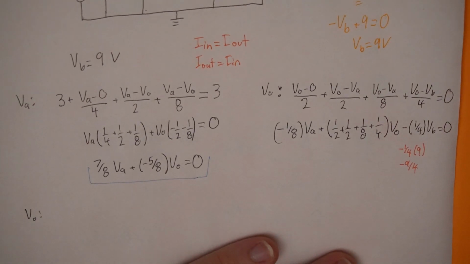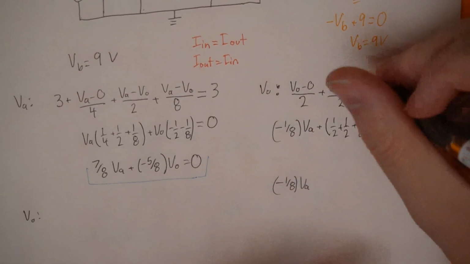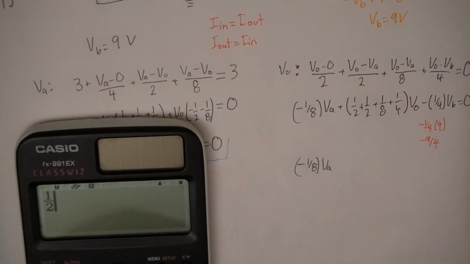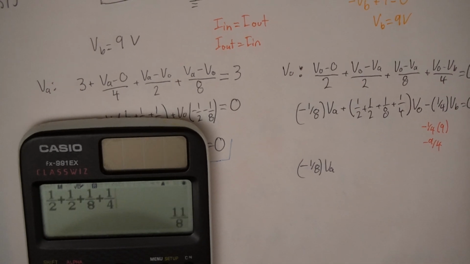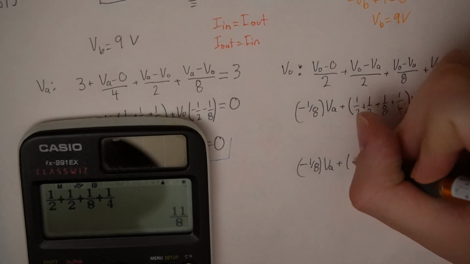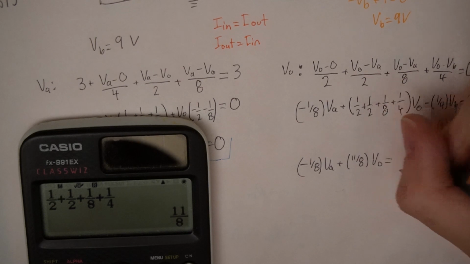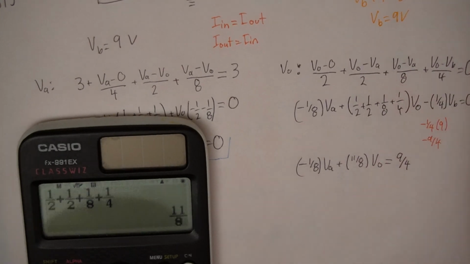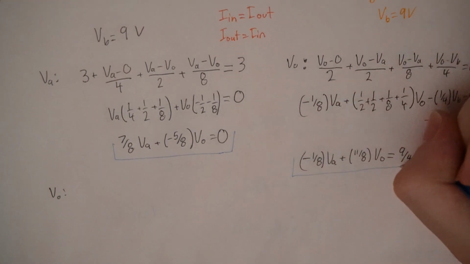So what I'll get at the end is negative 1 over 8 VA, and using my calculator, 1 over 2 plus 1 over 2 plus 1 over 8 plus 1 over 4, plus 11 over 8 VO. Now that's negative 9 over 4, so I'm going to move it over. I get 9 over 4. So that's my second equation.